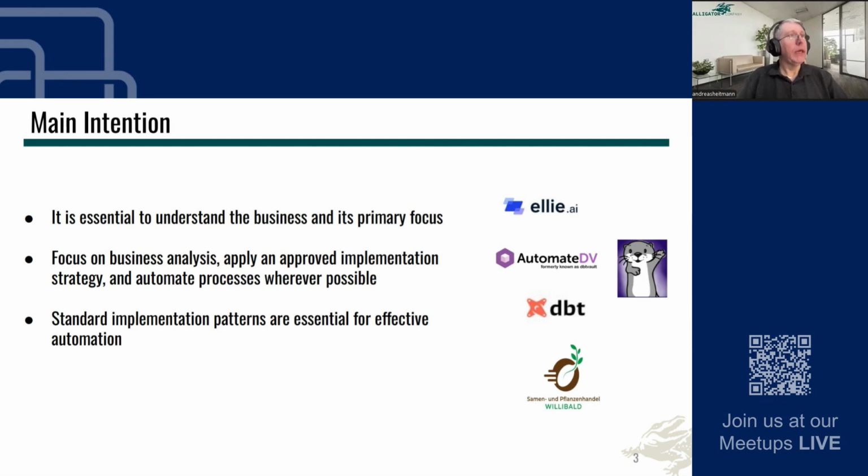And Ellie has an easy connection. You can get this model out with an API or in a JSON file and then use it for the automation. On the other hand, of course, I chose Data Vault as the implementation pattern or concept because it's a perfect way.